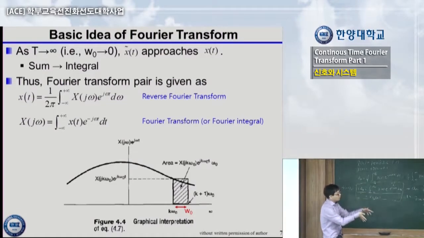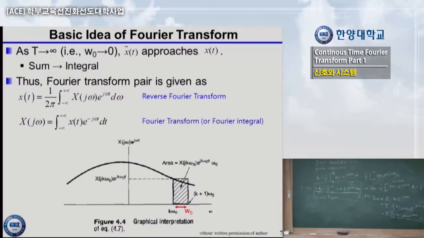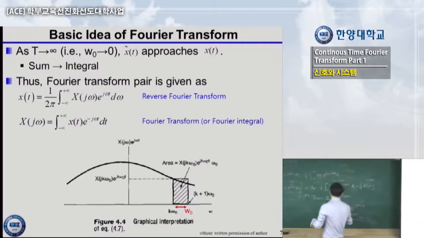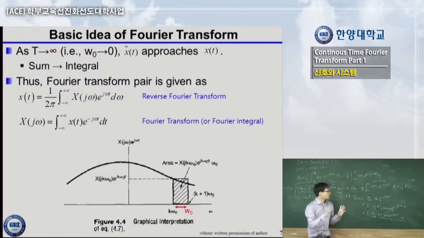So we intentionally make the form like that. So if you make omega 0 infinitely small, that is the same. I once explained that it's very similar to deriving the integration. This one becomes smaller because you are adding all the areas. As omega 0 goes to infinitely small, then what? We are adding this line. This equation in here, we can consider that we are adding those areas.